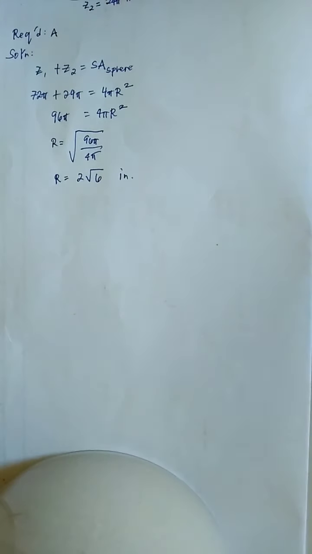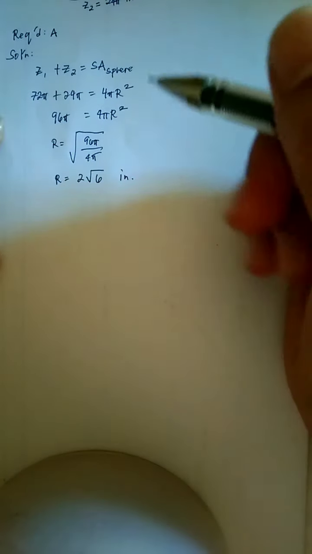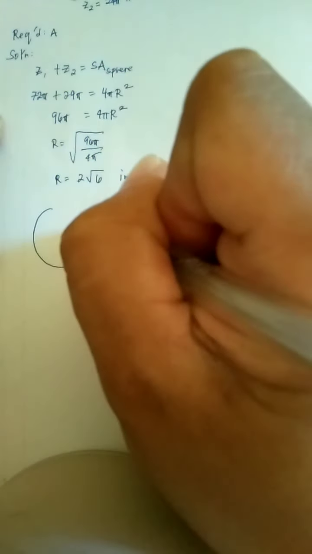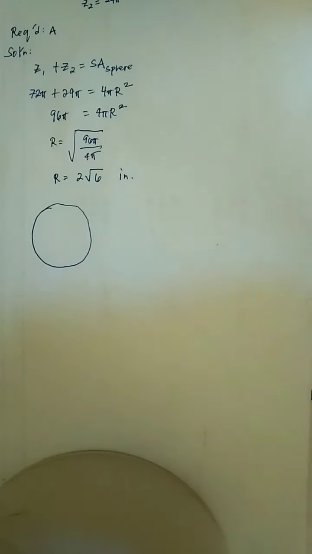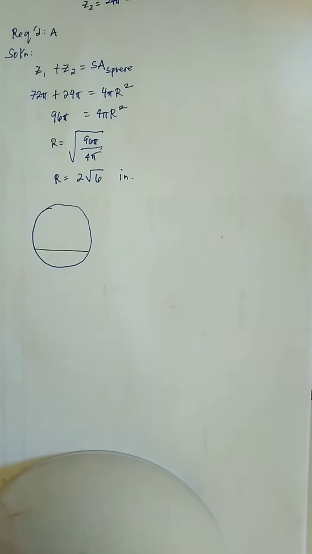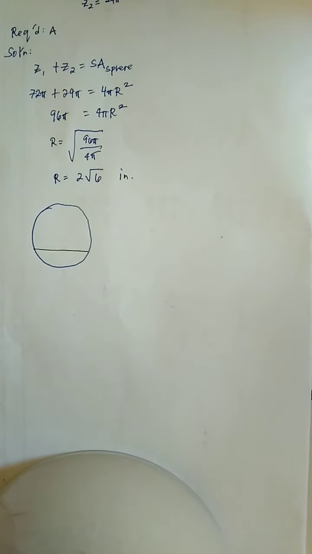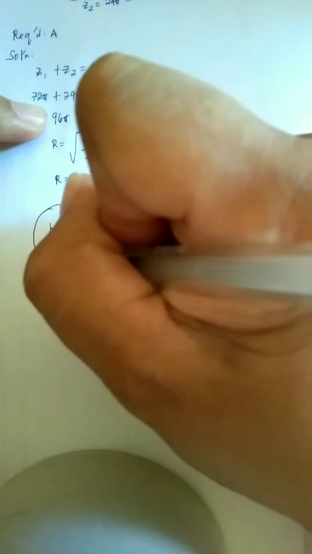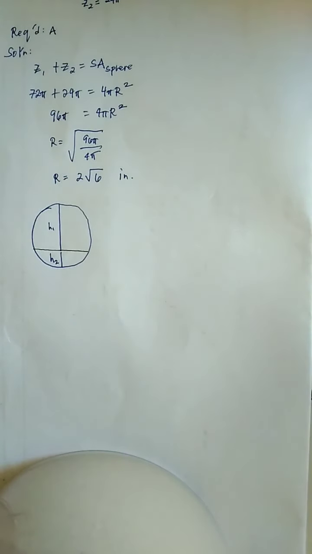Now let's redraw the cross section of the sphere, showing the cut part, the part where the cutting plane passes through. This one will be H1, and this one will be H2, the two heights of the spherical segments.